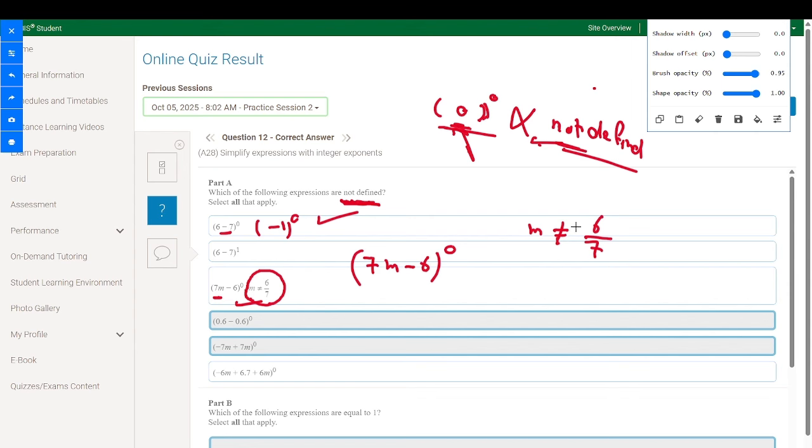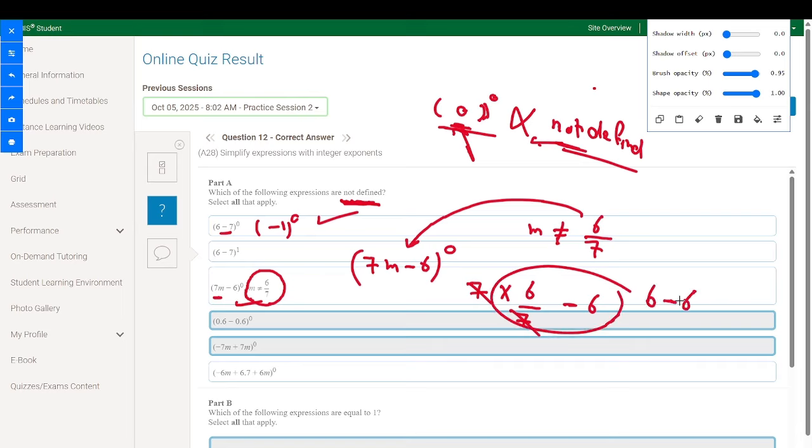Because if m is equal to 6 over 7, let's try it: 7 multiplied by 6 over 7 minus 6. So 7 divided by 7 would be 1. So it means here it would be 6 minus 6 power of 0, and 6 minus 6 would be 0. So that means it would be not defined. But here he's saying that it's not equal, which is okay. That means this expression is defined.